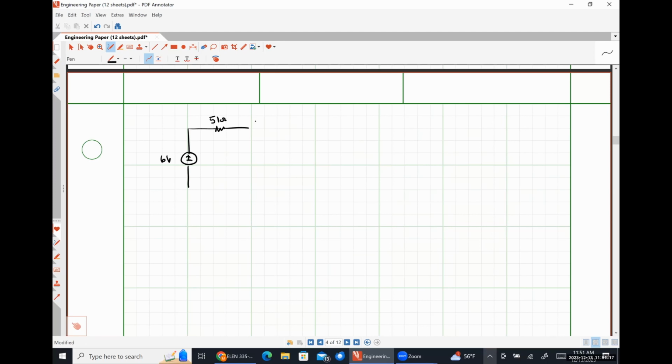All right. So this is our circuit. We have a 5 kilo ohm resistor. We have this diode D1. Here's a 4 kilo ohm resistor, 8 kilo ohm resistor, 10 volt source.